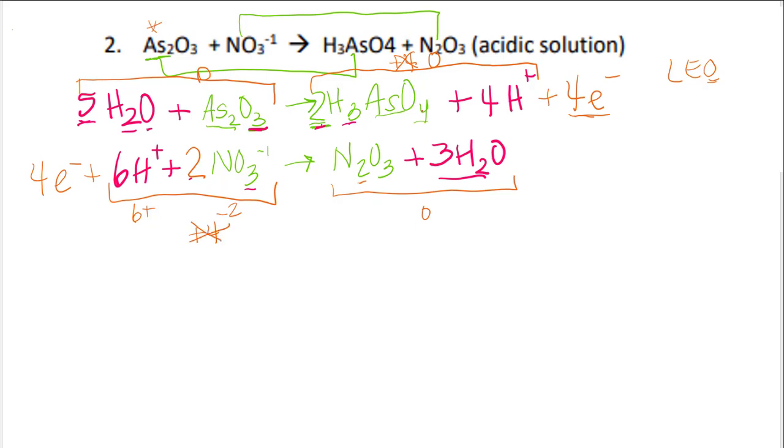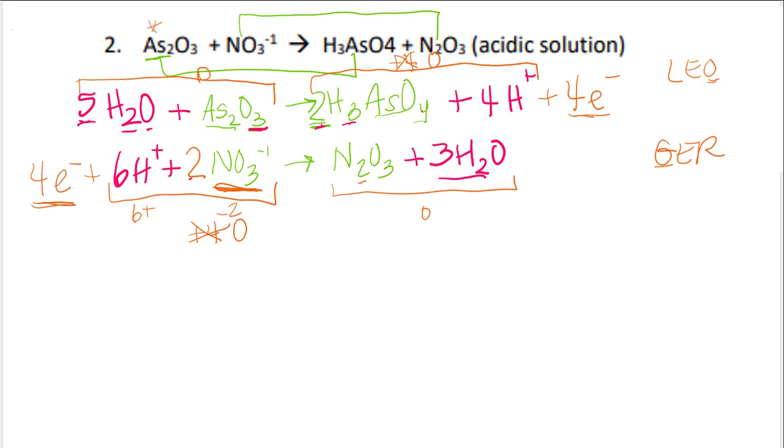It's my more positive side, so I need to add electrons. And look, I had to gain electrons. So my NO3 is being reduced. My nitrogen's being reduced. So NO3 is my oxidizing agent.